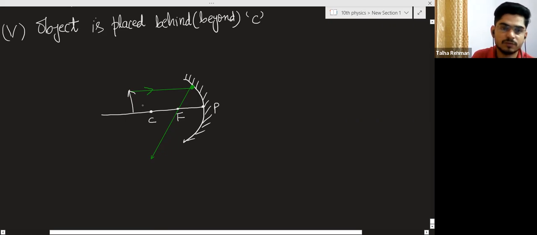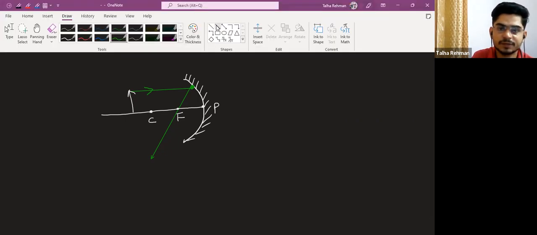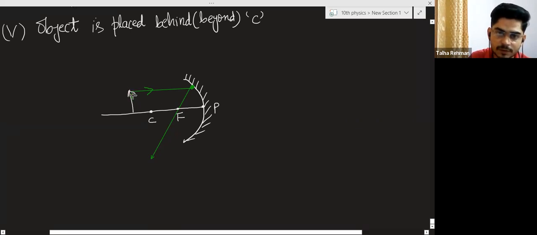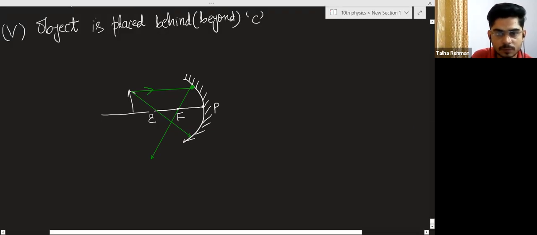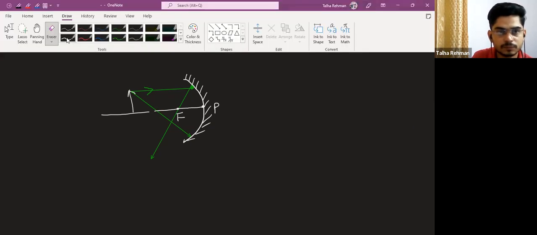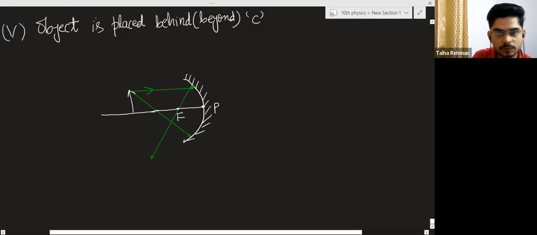And now another ray of light. So this is center of curvature.